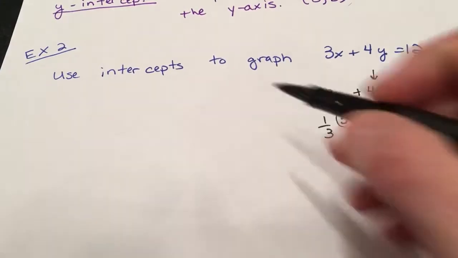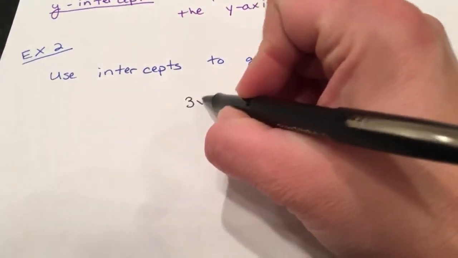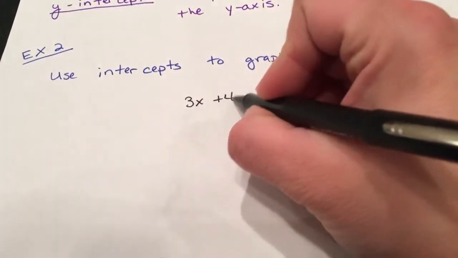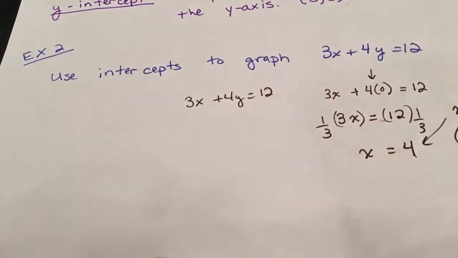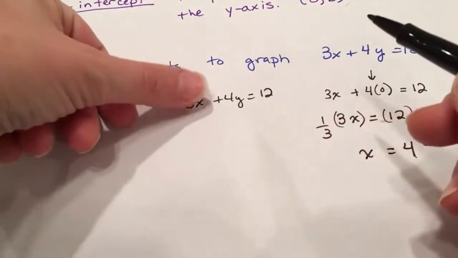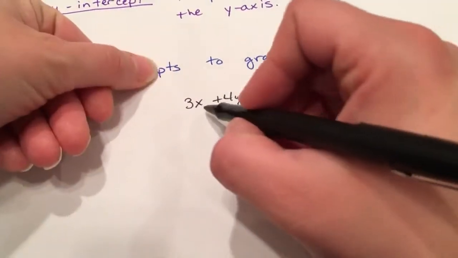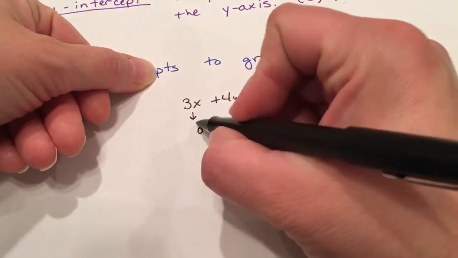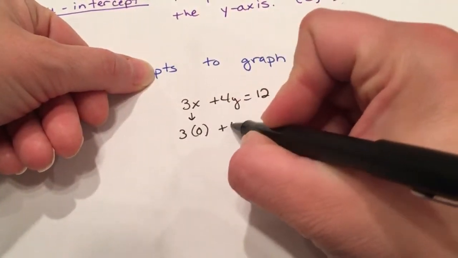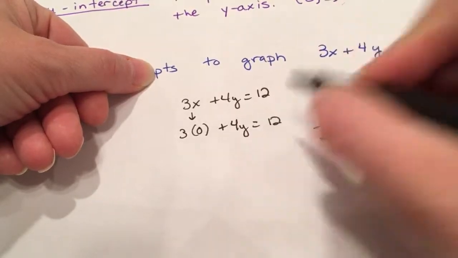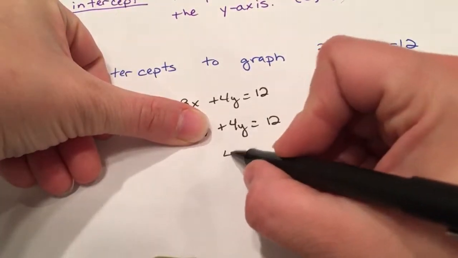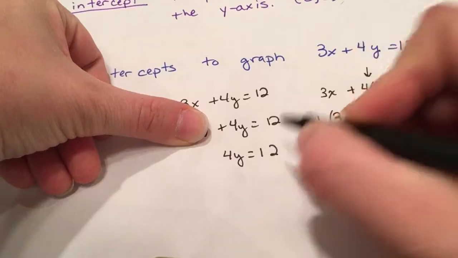My second point, I'm going to take this 3x plus 4y equals 12. And now instead of covering up the 4y, I'm going to cover up the 3x. In other words, I'm going to plug into this equation 0 for the x, which will just leave me with 4y equals 12.